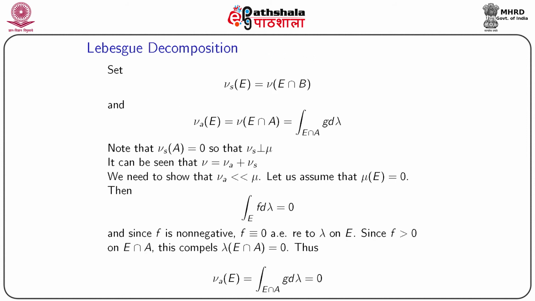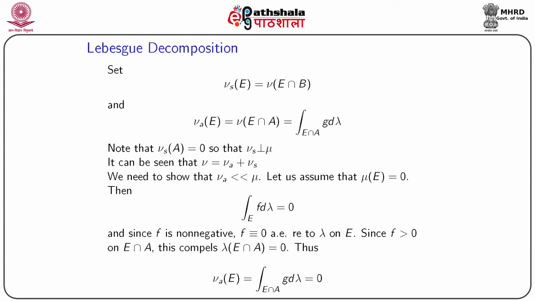Now set nu s for the singular part, nu s of E as nu of E intersection B, and nu a of E as nu of E intersection A. That is, integrating over E intersection A of g d lambda. Note that nu s of A is equal to 0, so nu s is singular with respect to mu, and it can be seen that nu is nothing but nu a plus nu s.